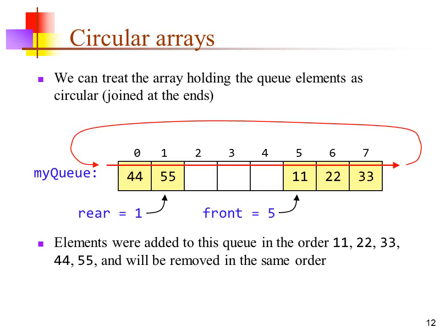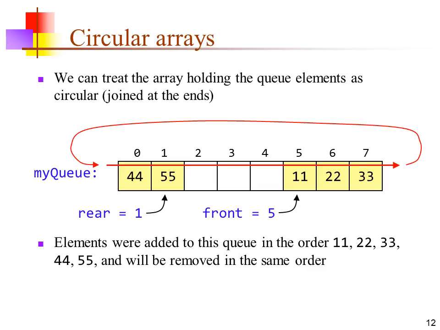Such that, for example, the data structure with size 8, such that the highest end boundary is n minus 1 and the low boundary is 0, where if you observe, the rear value is 1 and the front value is 5 here.